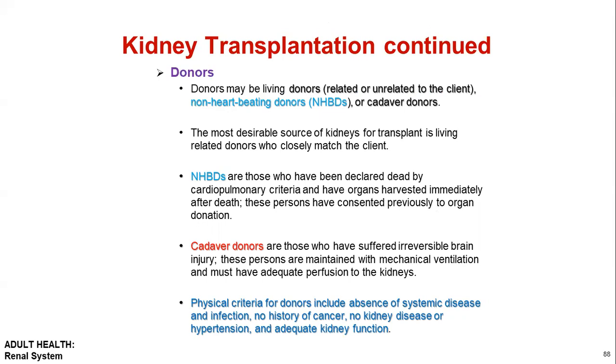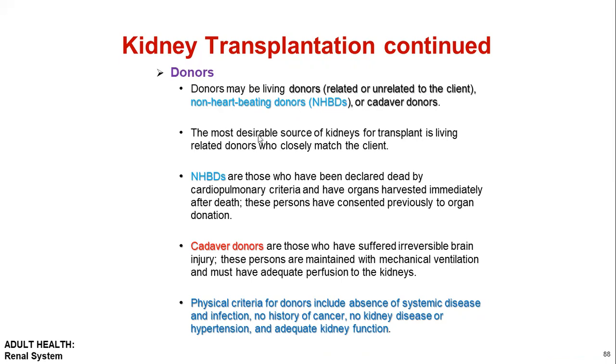Living donor means related or unrelated to the client, maybe family or friends. Another type is the non-heart-beating donor. Just before death, we collect the organ, and we can collect the donor kidney from a dead body, called cadaveric, up to a certain time.